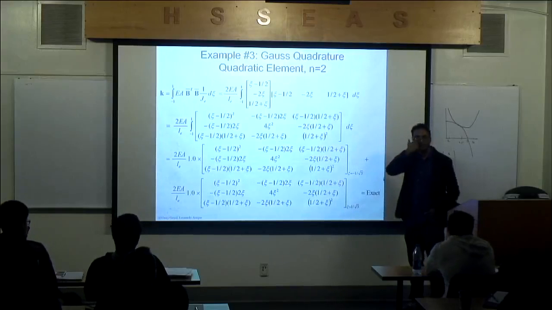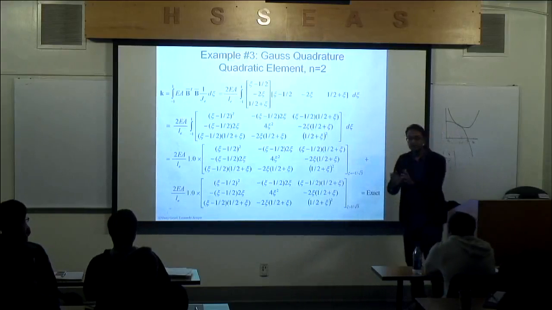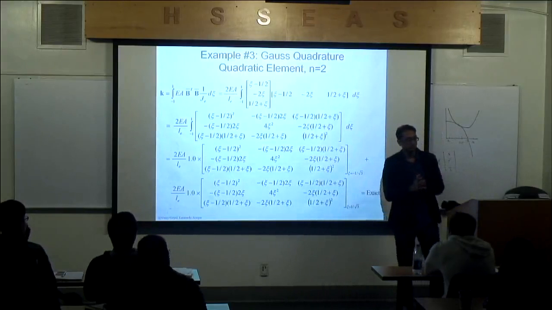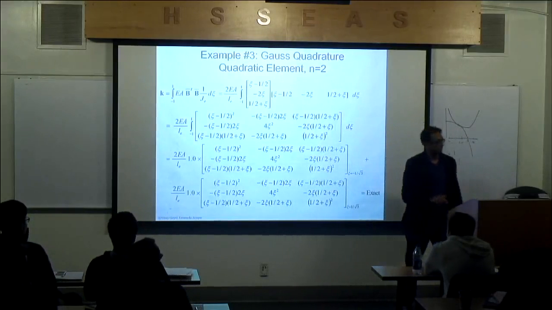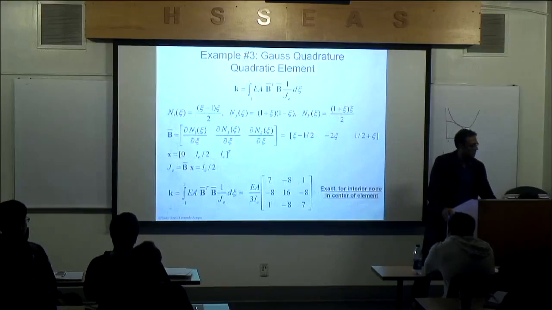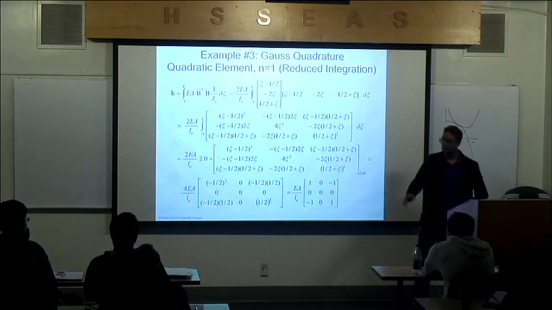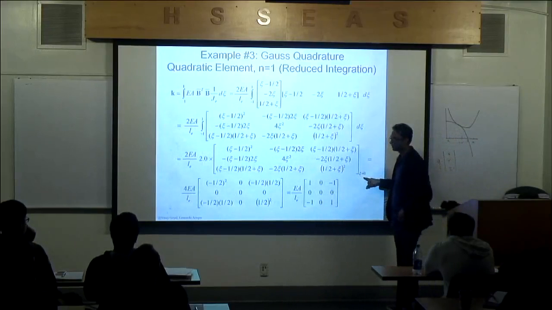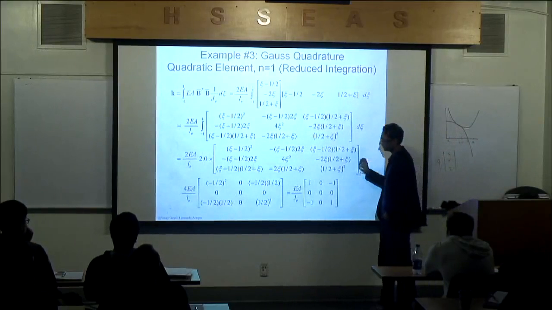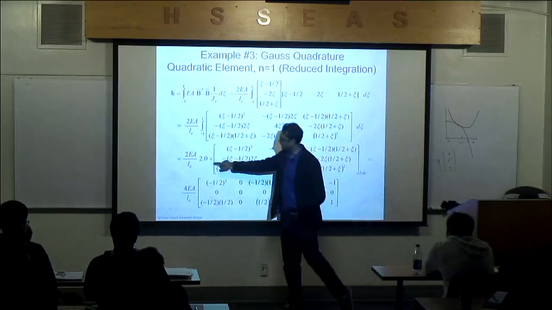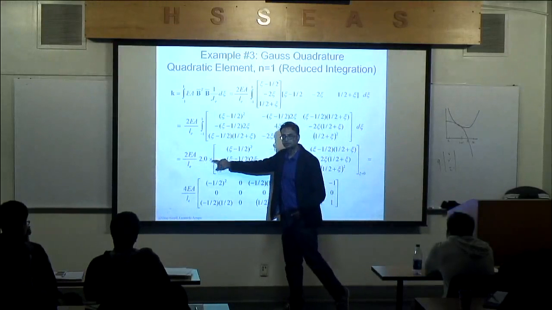If I decide I want to use n equals 1 to see what happens, I only have 1 point, so C0 is where you evaluate this, and then you have a 2.0 for the weight.